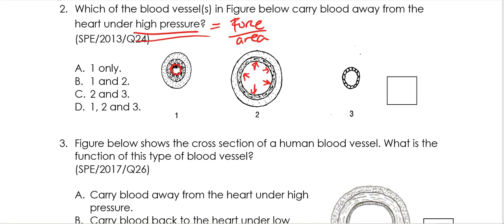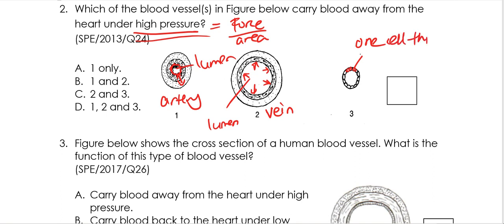So this one has a larger force compared to this one and this one. This is your artery, because you can see that the wall is very thick and the lumen is very small. This is the lumen as well, and this is really big, so there's less force there. The pressure is lowest. This is your vein, and you can see here, why is it circular? It's because this refers to one cell thick, and a one cell thick blood vessel is your capillary.